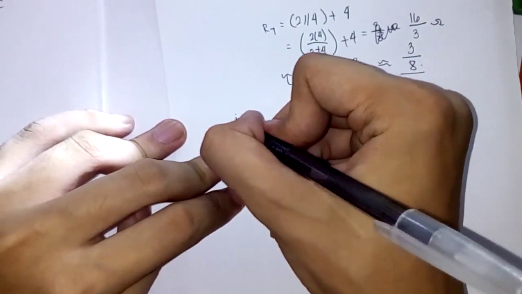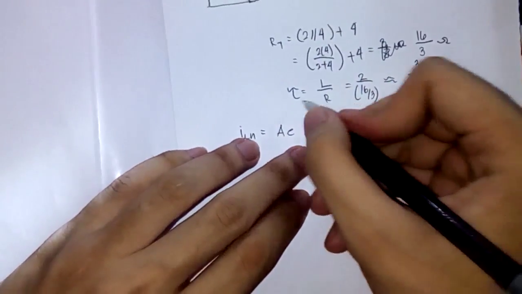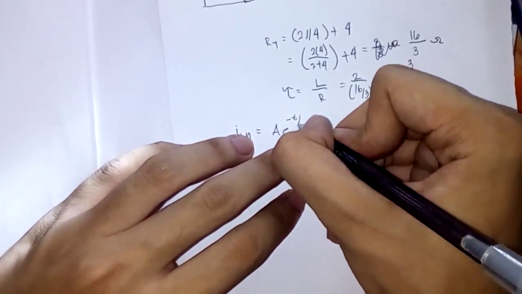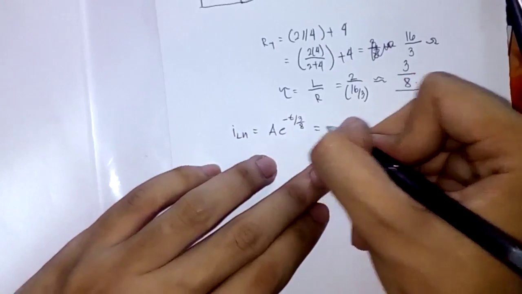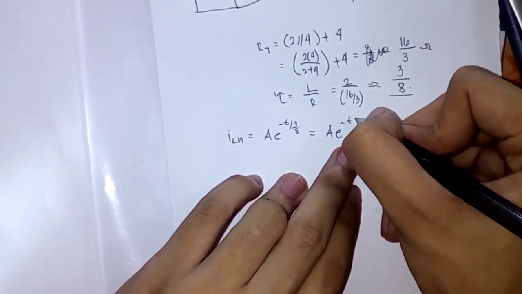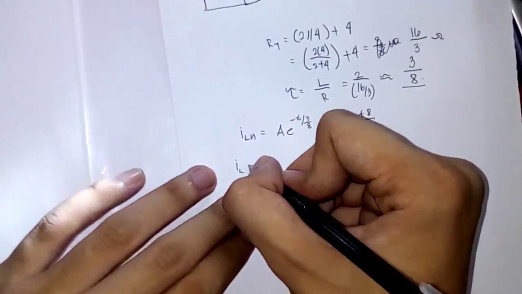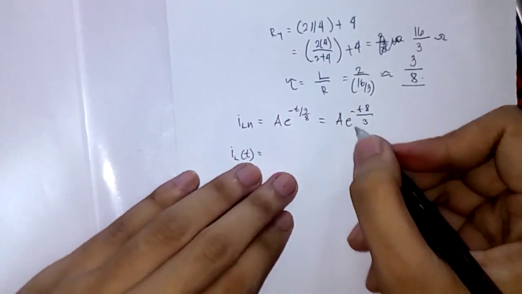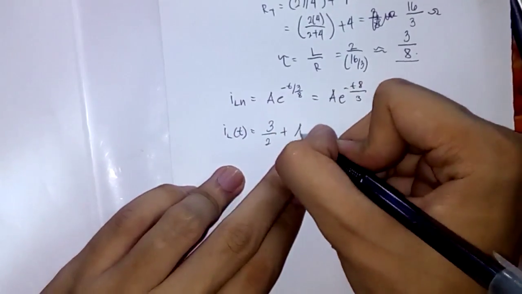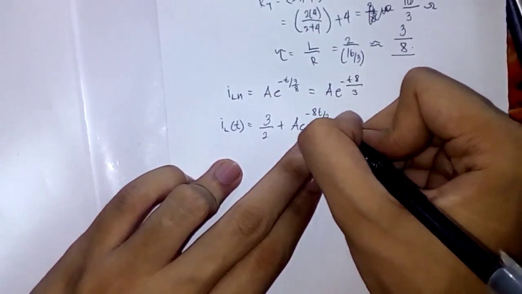So our ILN is A e raised to negative t over 3 over 8, which is equal to A e to the negative 8t over 3. So our IL of t will now be equal to 3/2 plus A e to the negative 8t over 3.